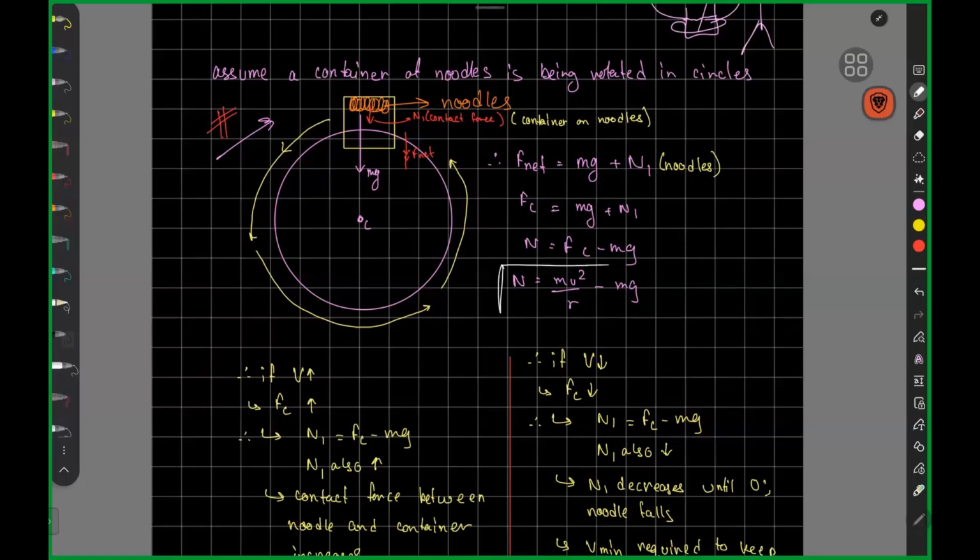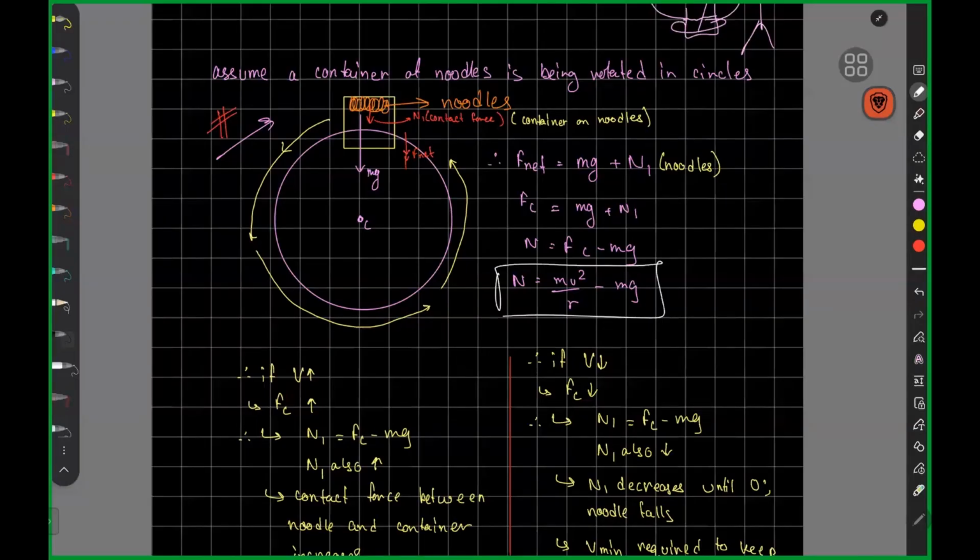Now, this equation is important. I've basically broken down the centripetal force into mv squared by r. The reason this equation is important is that it tells us when the normal reaction force is 0 and when it is not 0. Because when the normal reaction force is 0, the noodles will plop out. It will just fall down because there's zero contact between the bottom of the container and the noodles.